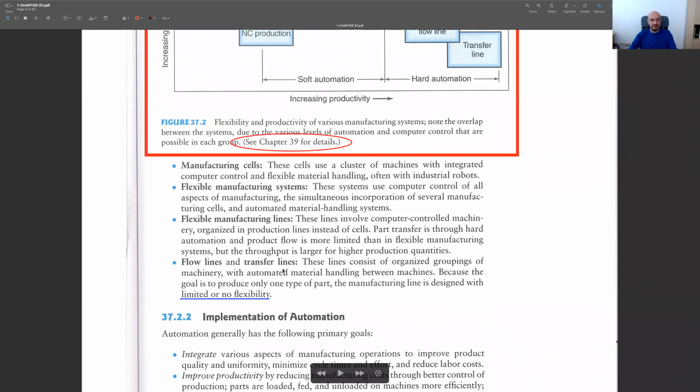But once you think about flow lines or transfer lines, they're not as flexible as the previous ones. We have less flexibility, almost no flexibility sometimes. But the thing is that this is a type of manufacturing system having the highest productivity. So if your focus is on the cost and on a single product, then you should construct a special transfer line and decrease your manufacturing costs.